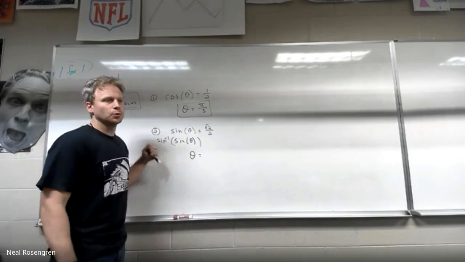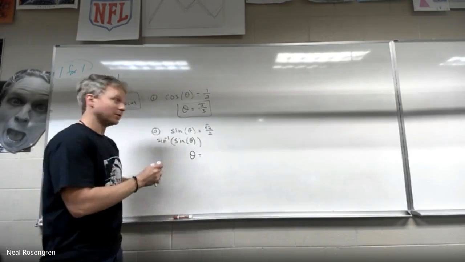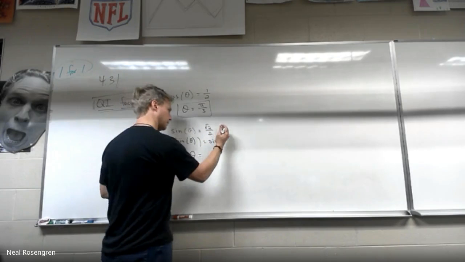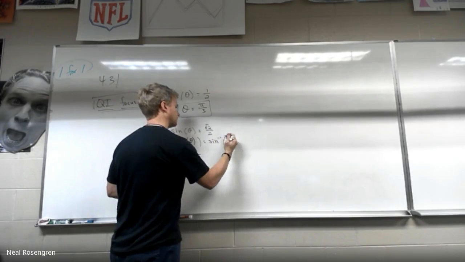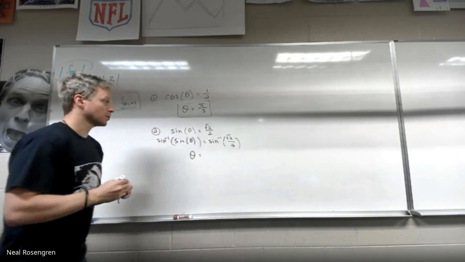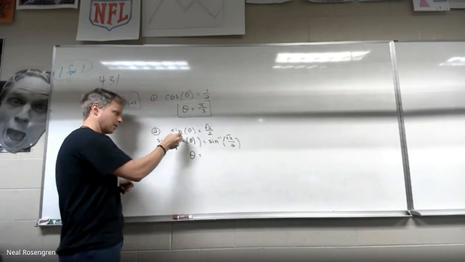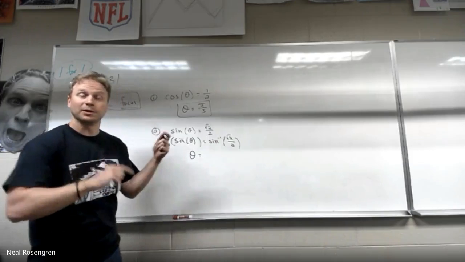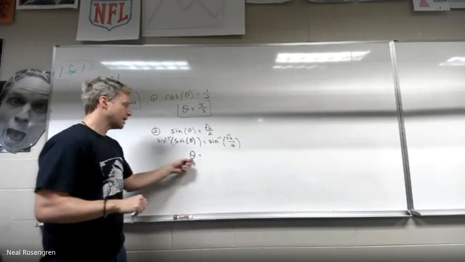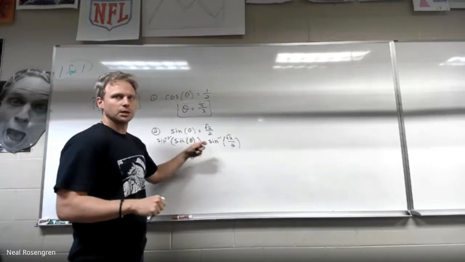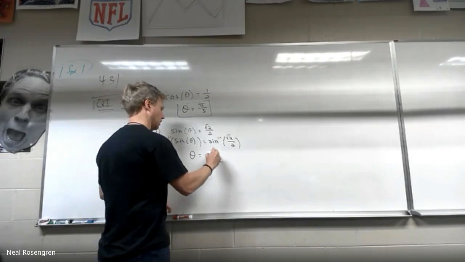Same thing is true with trig, okay? But whatever I do to the left, I better make sure I do to the right. Right? And so theta really is, because inverse sine of sine, those will just cancel out because they're exact opposites of each other. Theta is really just me asking the question, okay, what's the inverse sine of radical 2/2?